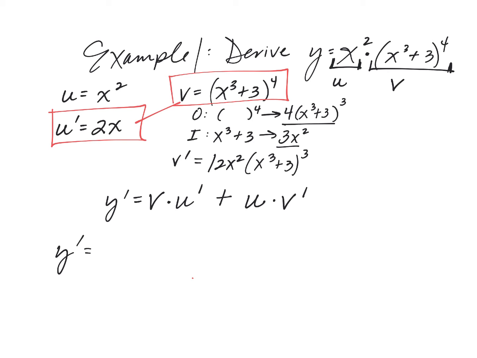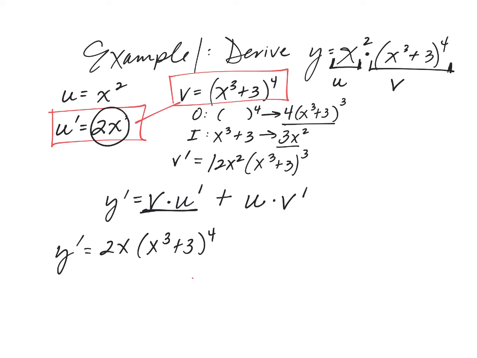If I multiply those together, I'm going to put the 2x out front, even though that's not v. I know you see this right here. It's in the order v times u prime. But I'm just going to use my math logic, and since this is a coefficient, I'm going to put that one first. And then I've got x cubed plus 3 to the 4th power.